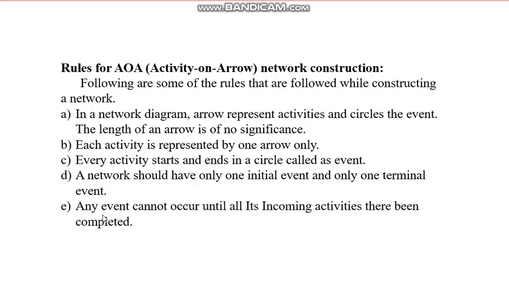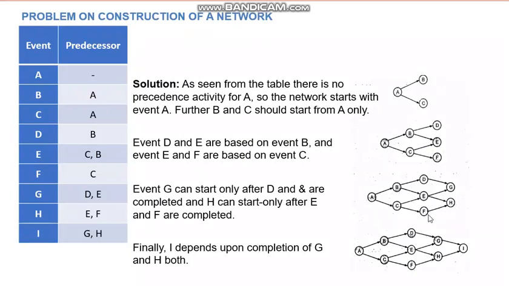Okay, then another rule is any event cannot occur until all its incoming activities have been completed. Any event, see, suppose, as we show here, suppose this event E is there. When will it finish?